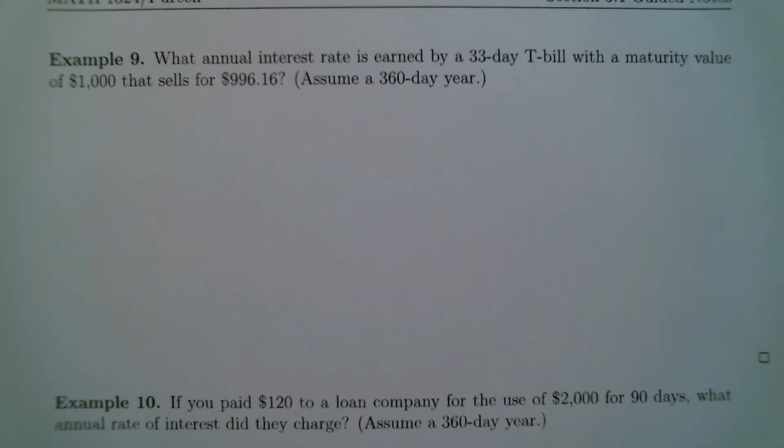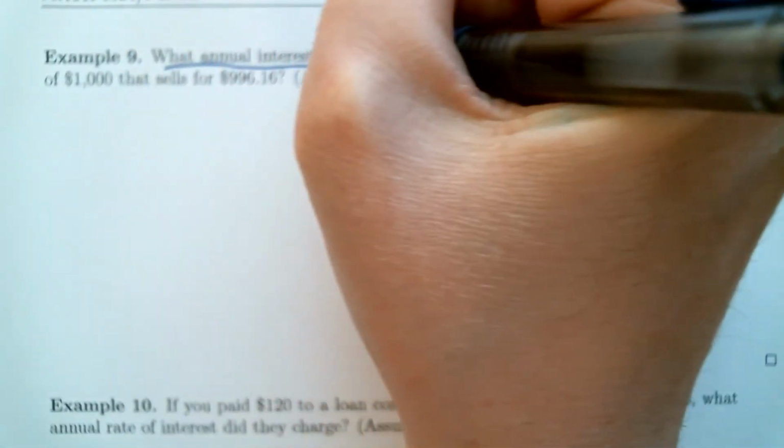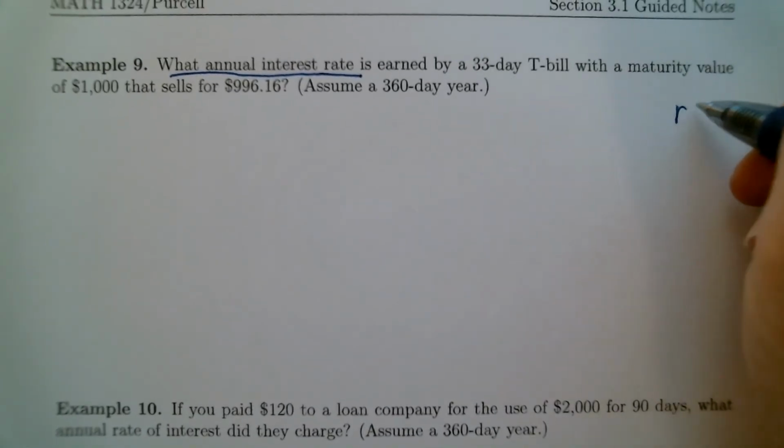This is another T-bill problem. You do not have to understand what a T-bill is or does. You see the same phrase you just saw in example 8, the maturity value. So let's figure out what we are looking for. It says what annual interest rate is earned, so you are actually looking for R here.